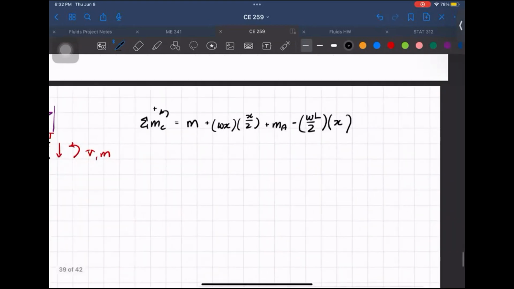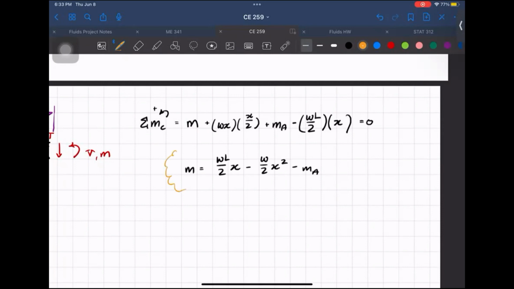And all of that equals 0. Now we want to solve for M. If we do that, M would be WL over 2 times x minus W over 2 x squared minus MA.